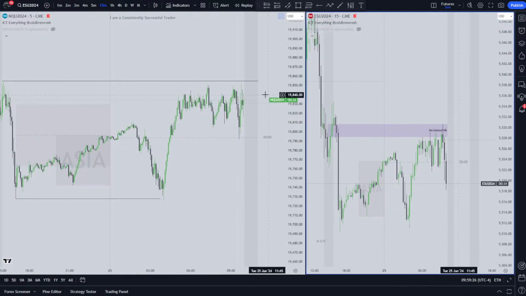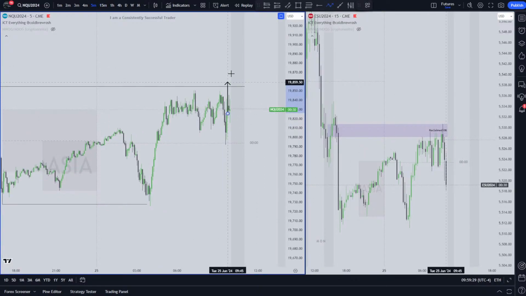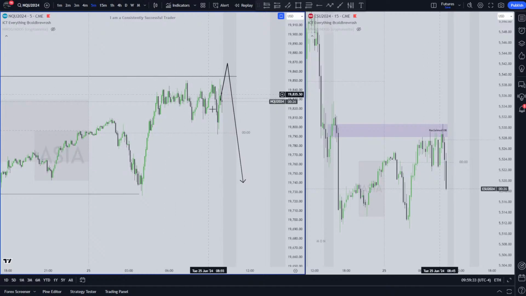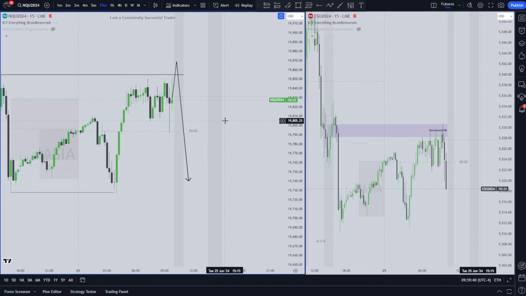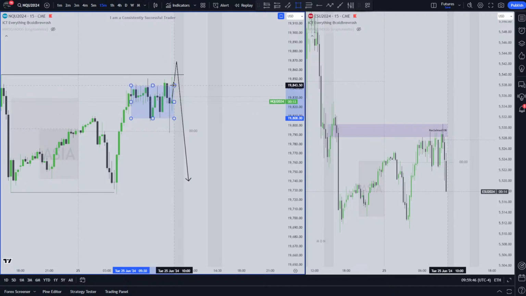It might not create the same structure, so we might just get something like this to instantly go lower, because this might still be accumulation, right? Maybe if I draw it out like this. I don't know. Something like that.